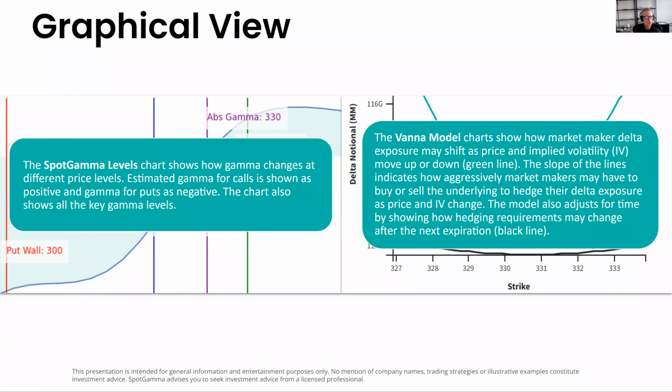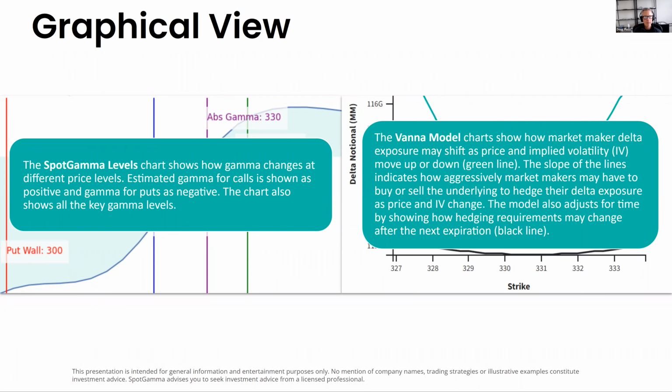The chart also shows all the key gamma levels. And then the Vanna model, that chart shows how market maker delta exposure may shift as price and implied volatility move up and down. And we'll look at all of these in this example.